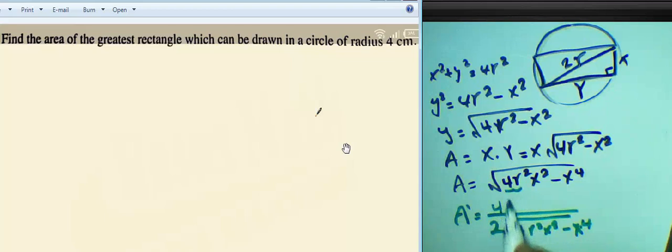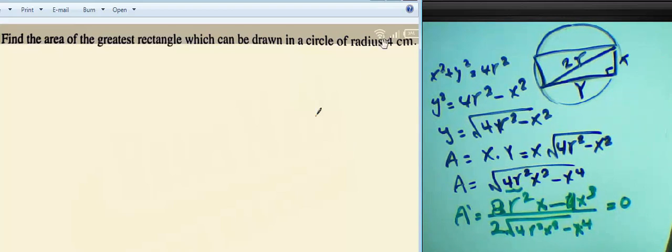The result will be 4r^2 x, dropping the power, giving 8r^2 x, minus 4x^3, dropping the power and subtracting 1. And then we must set all the terms equal to 0.